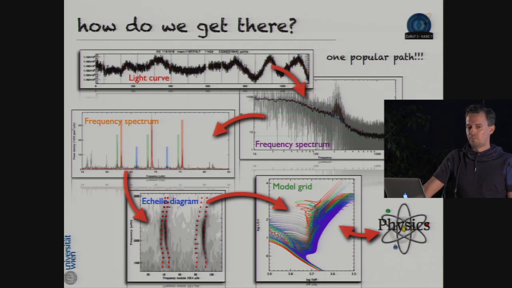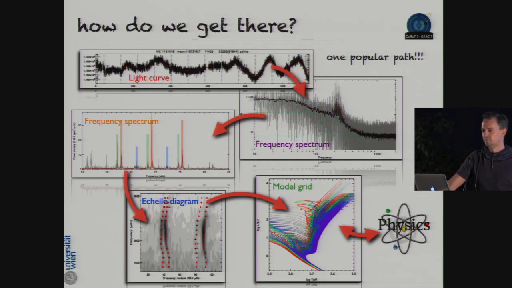A very popular path to do so is that we have, for example, a Kepler light curve. We compute the power spectrum of that light curve, and for a solar-type oscillator we will immediately find that the oscillations we are most interested in are superposed with signals from other sources, for example granulation.